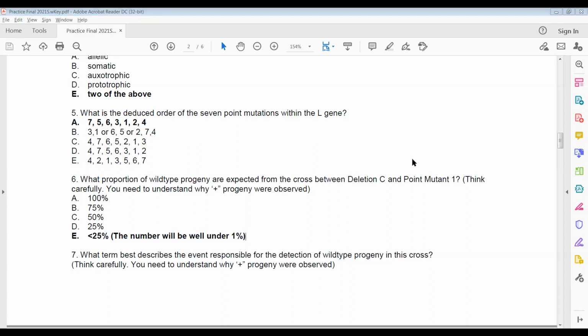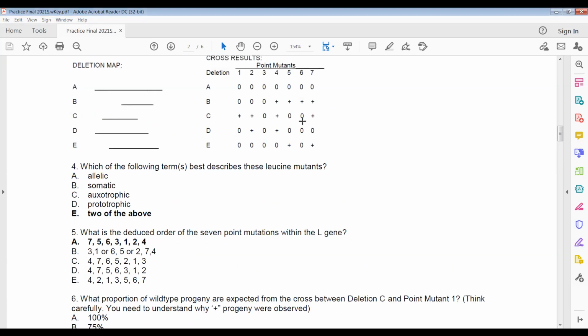Actually, I don't know if you can see, deletion C is not like this, because the zeros are separated here. This is not right, because we do not know the right order for 1, 2, 3, 4, 5, and 7, right? So once you get the right order, now you go back to see the deletion C, 3, 5, and 6, then these 3 loci actually are next to each other.